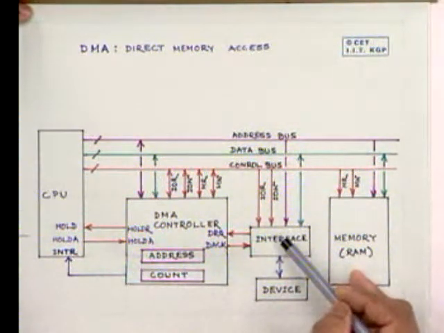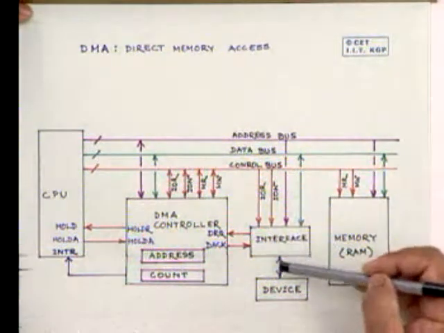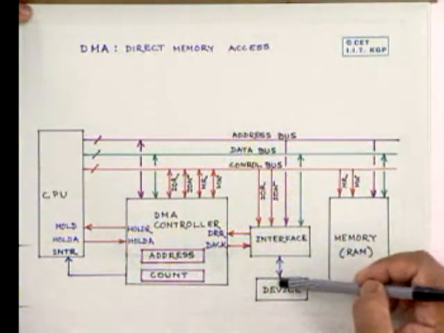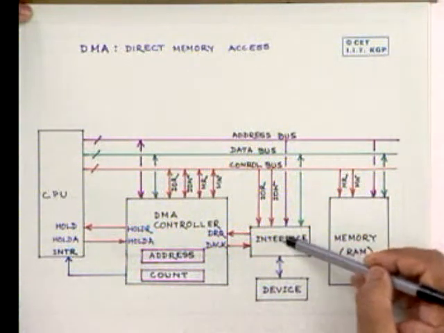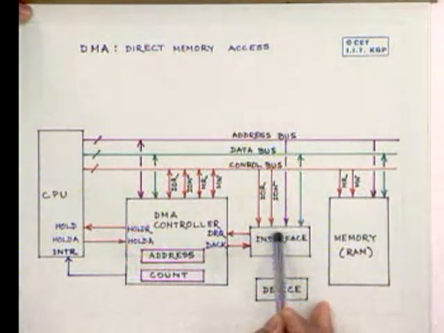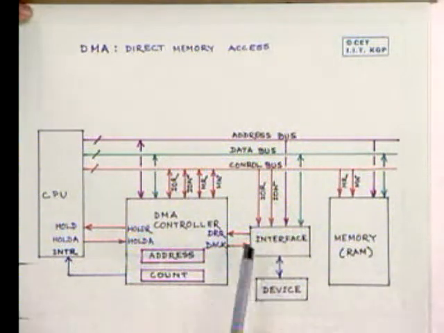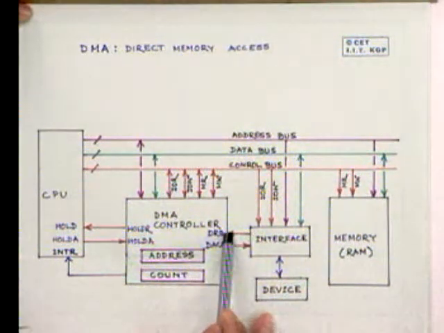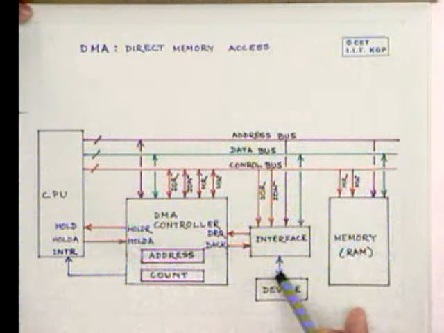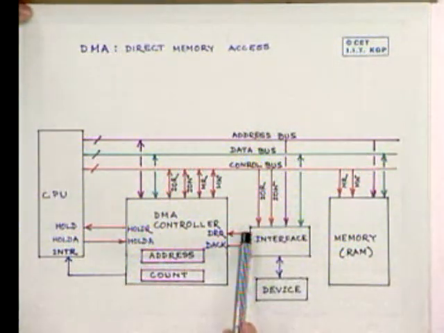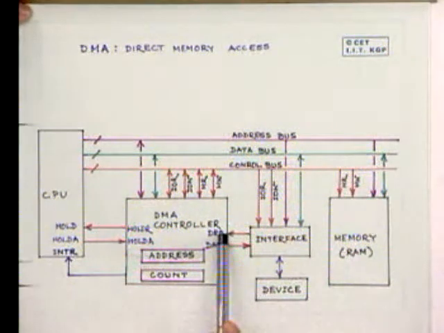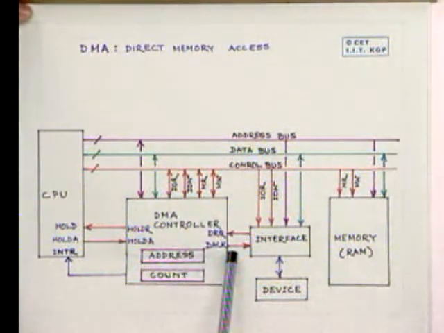Now the device starts, and data is coming in. As 1 byte, or 1 word, of data comes in and is ready, it puts a request to the DMA controller. So 1 byte of data is ready, and it requests the DMA controller through DRQ that 1 byte is ready.